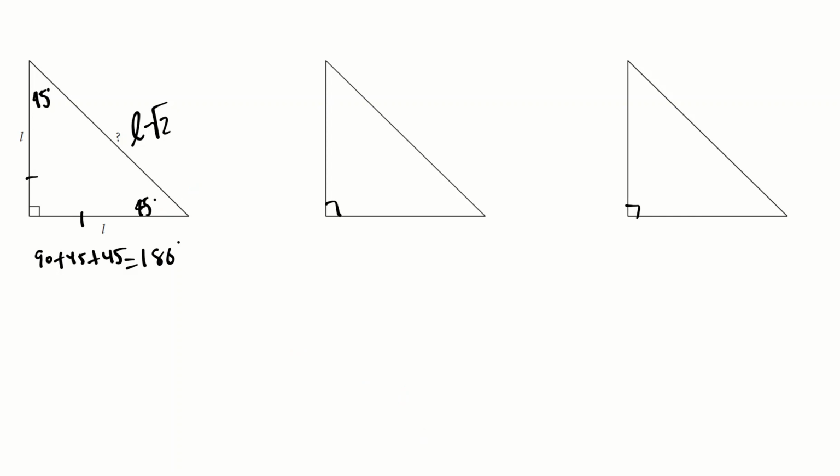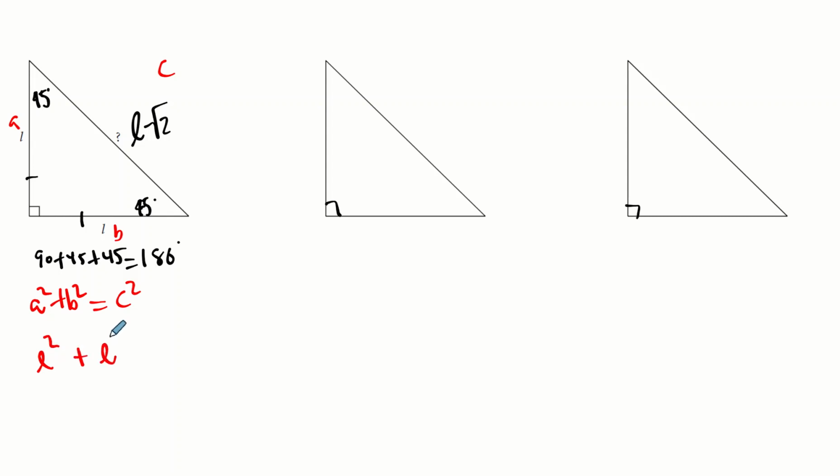If not, well, let's try it mathematically. Let's use the Pythagorean theorem to see if this works out. All right, so here we go. We're going to use a squared plus b squared is equal to c squared. And again, hypotenuse is c. A and b really don't matter. They are interchangeable. So here we go. A is L squared.